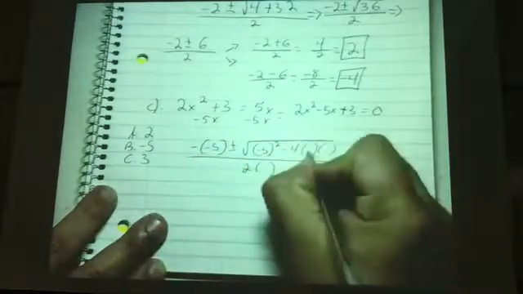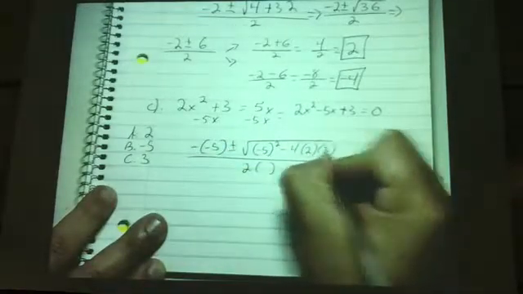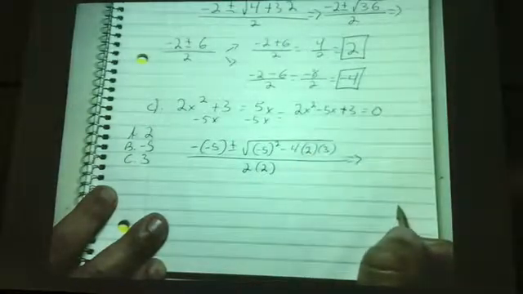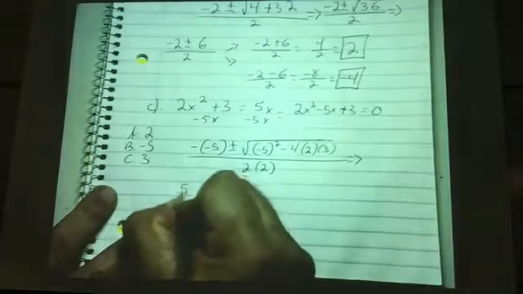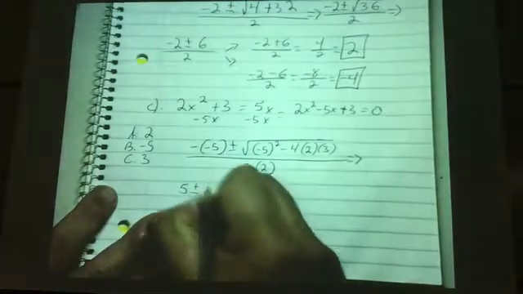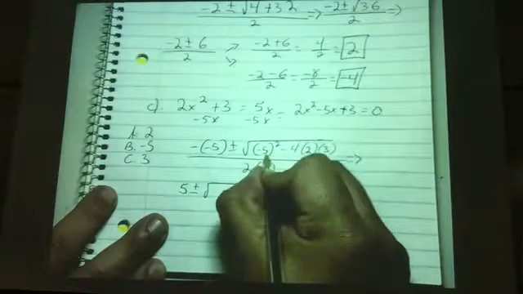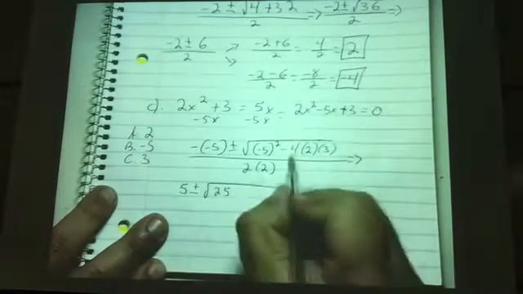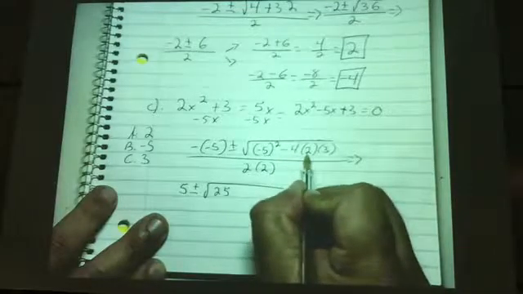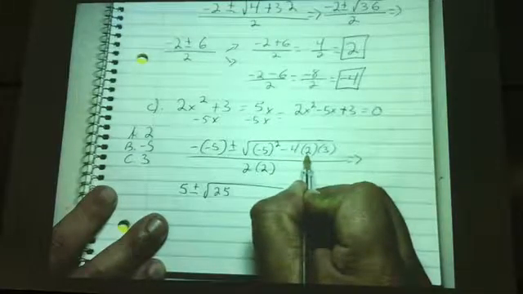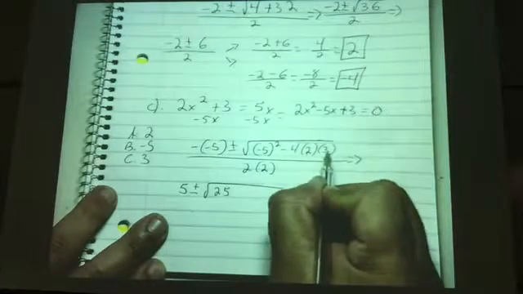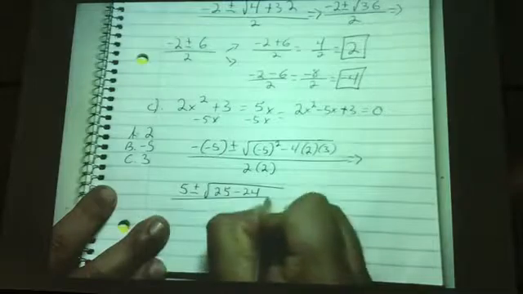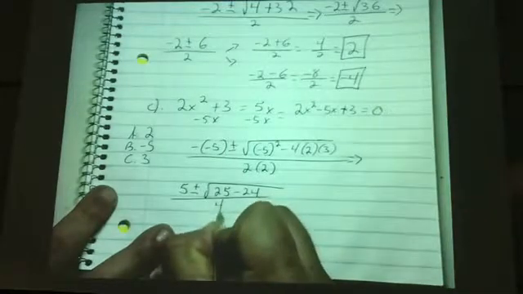Negative negative 5, plus or minus the square root of negative 5 squared, minus 4 times 2 times 3, all over 2 times 2. A negative times a negative 5 is positive 5. Plus or minus, negative 5 times negative 5 is 25. We have a negative 4 times 2 is negative 8. Negative 8 times 3 is negative 24. All over 4.